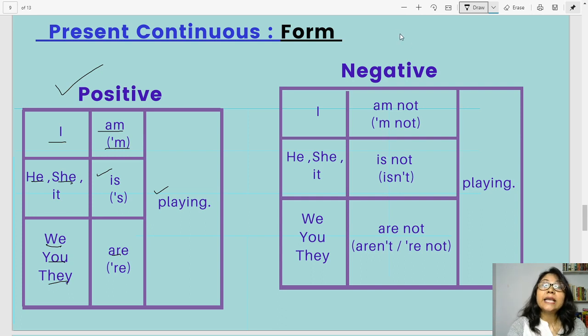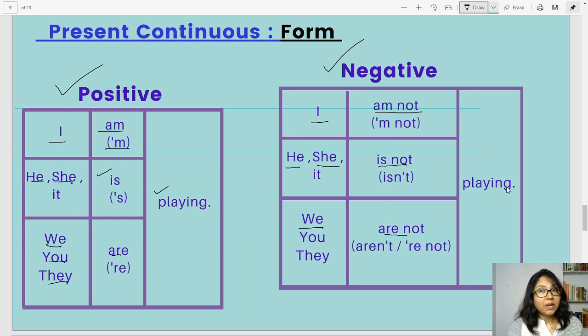Okay? Now the negative form, I am not playing or I'm not playing. He is not playing or he isn't playing. Similarly, she is not playing or she isn't playing. It is not playing. It isn't playing.